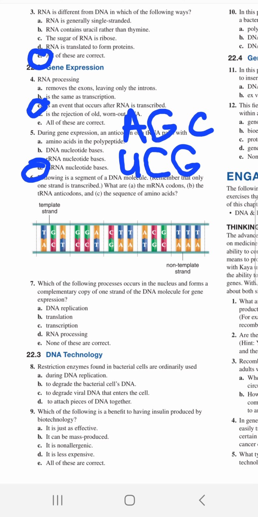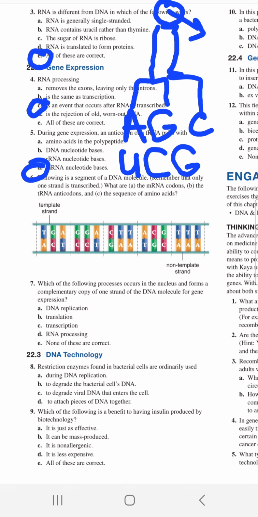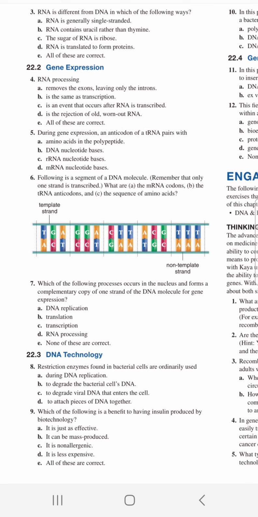And AGC, for example, I do not have a key with me right now, but it indicates a certain amino acid. Let's say it's glycine. So here you will have glycine. This is just a visual representation of what's happening.